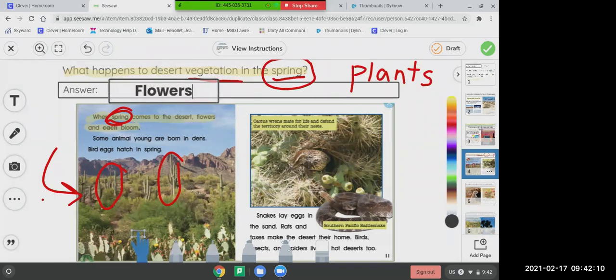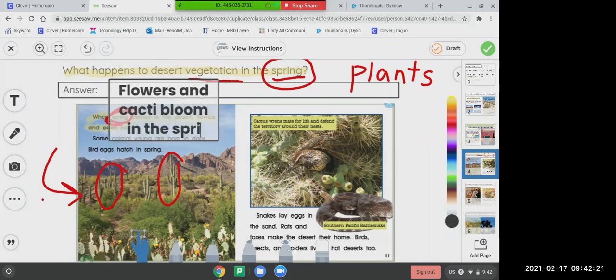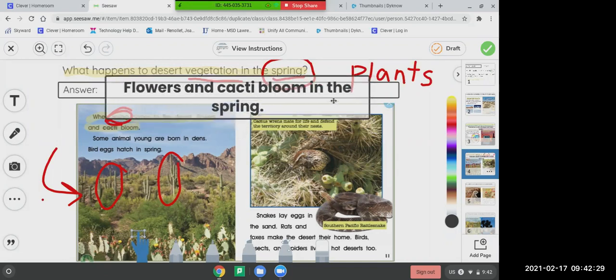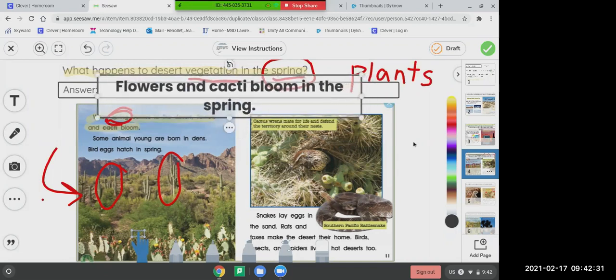Flowers and cacti bloom in the spring. Don't forget, when we write a complete sentence, it's good to use words from the question.